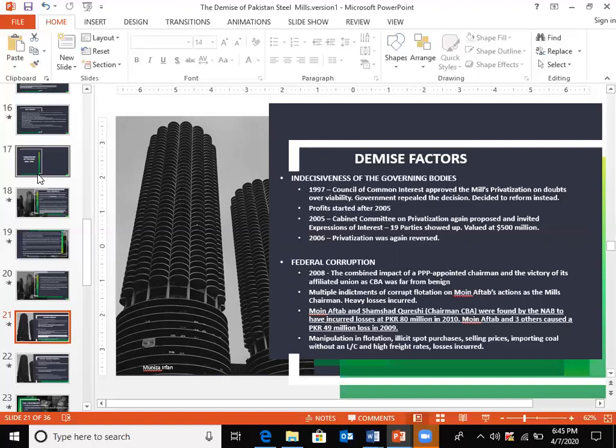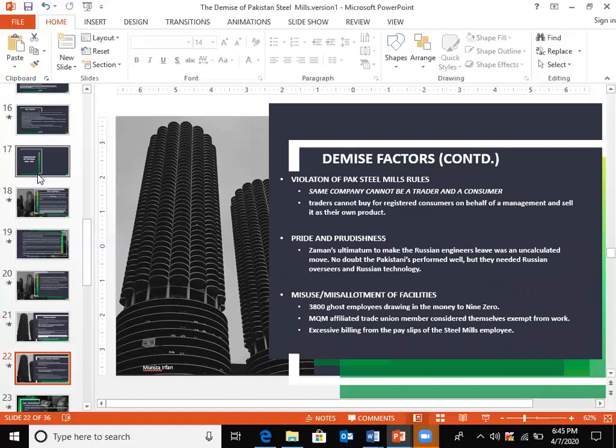The way they caused this corruption was through manipulation and flotation, illicit spot purchases, inflating the selling prices, importing coal without LCs, and high transportation rates. This corruption was hidden under the name of various operations, but net, there was a lot of corruption. So that was the second reason that is quoted for the demise of the steel mill.